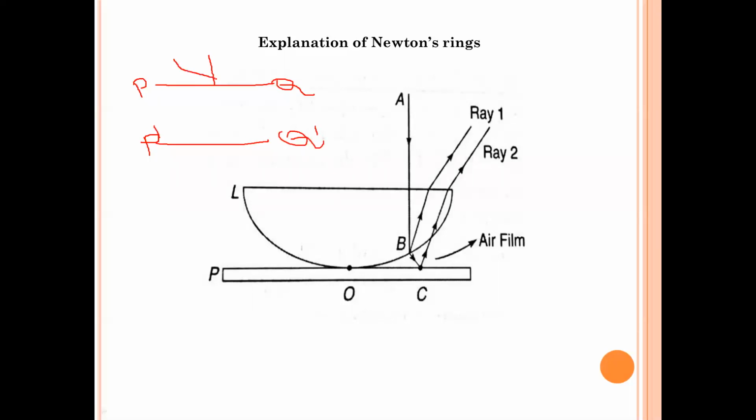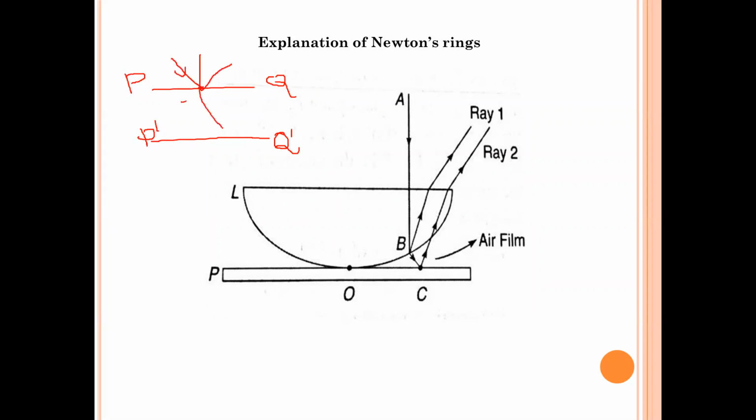A light ray is incident, and this is the reflection. Again, there is a refracted ray, which acts as an incident ray for the P dash Q dash surface. So when you compare these two pictures, this is interference in thin films, and this one is the Newton's rings experiment.